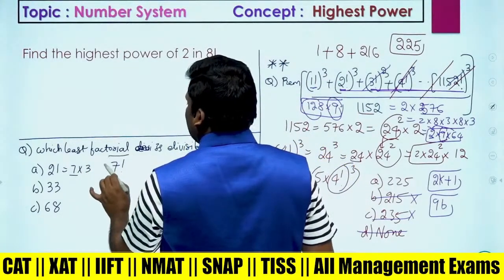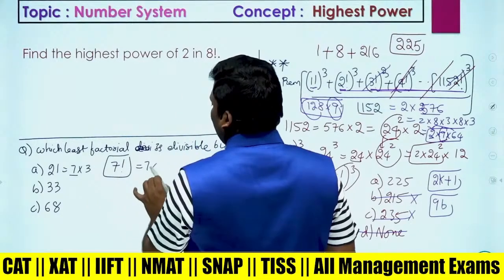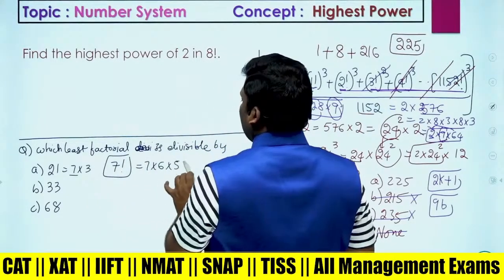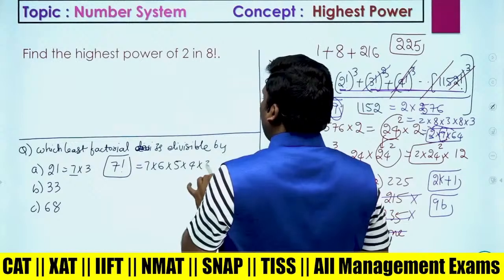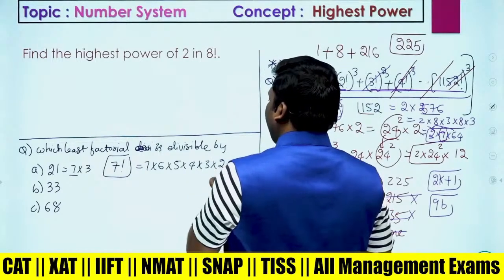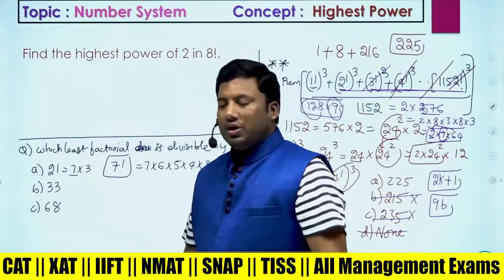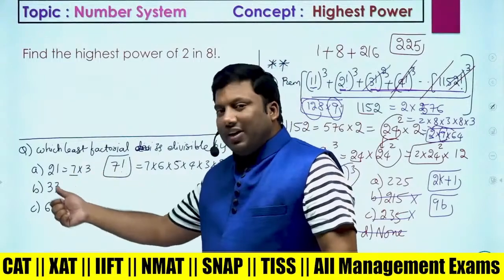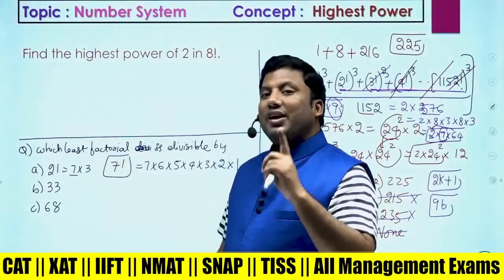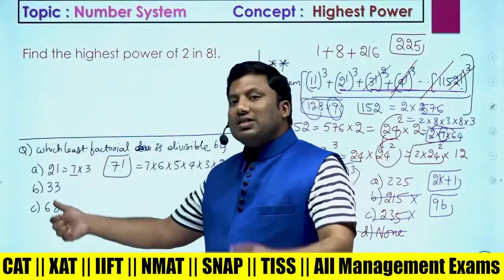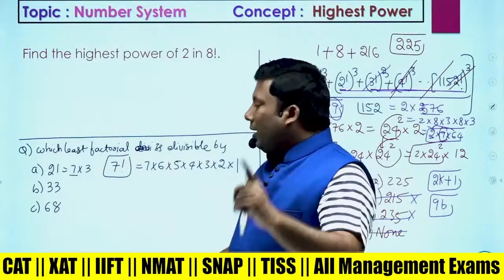I will get it in 7 factorial. 7 factorial is 7 into 6 into 5 into 4 into 3 into 2 into 1. So 7 factorial contains 1 power of 7 and 1 power of 3. What is the factorial that will have 1 power of 7?